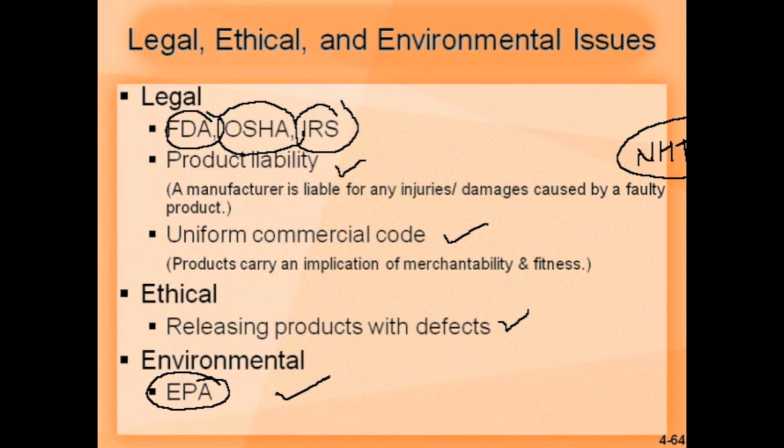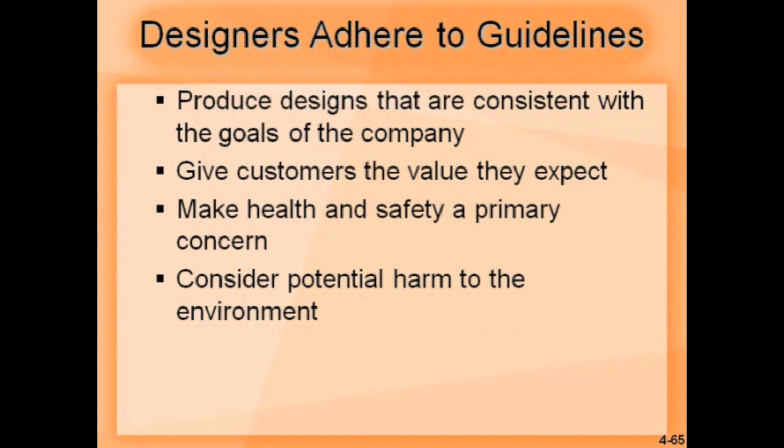Those are developed by EPA. Designers adhere to guidelines. While designing these innovative products and services, they have to adhere to some specific guidelines. It could be related not only to outside agencies or government agencies, but also internal.